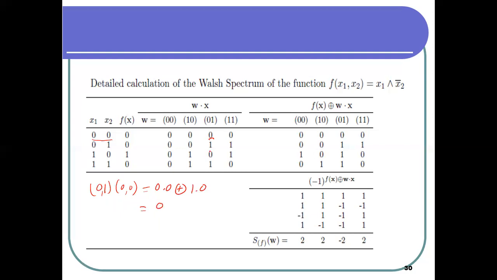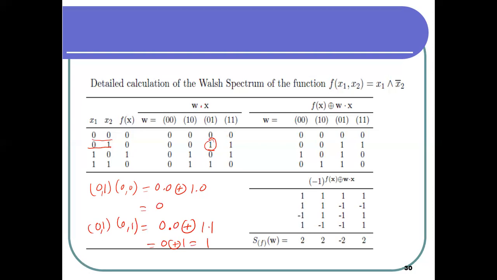Again take W as 0 1 and X as 0 1. In that case, 0 times 0 XOR with 1 times 1, so 0 XOR with 1, you will get 1. Similarly, I calculate for all these elements.